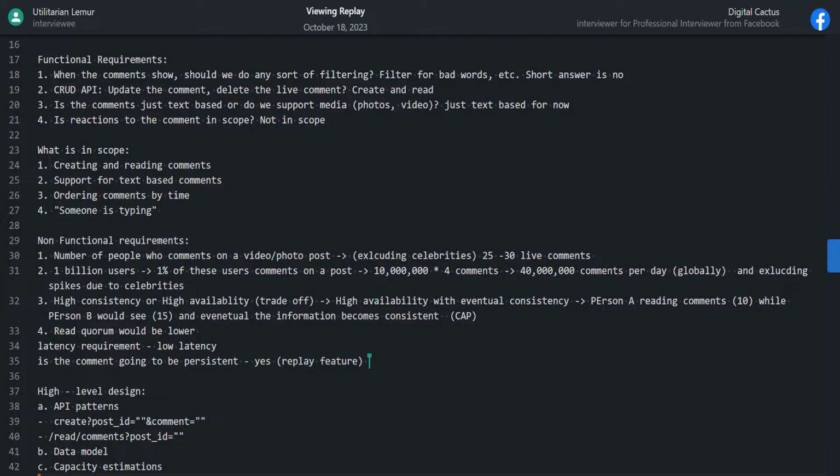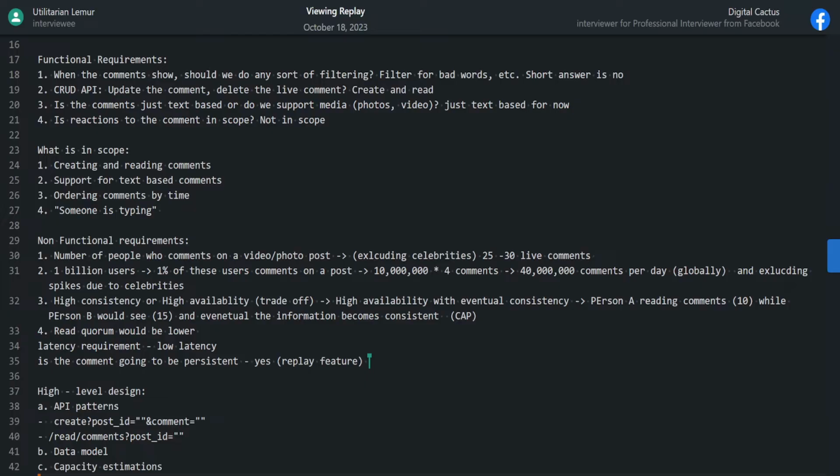And if I load the same video again, I see the comments loading one by one, as though I was watching the video all over again. That's pretty much what I meant by the live comment video.